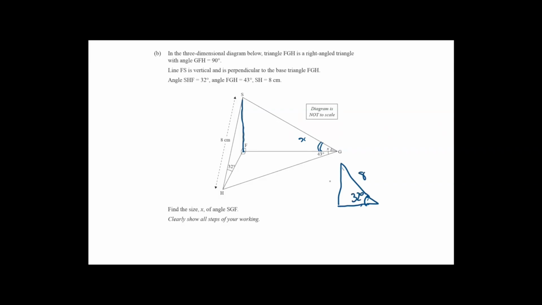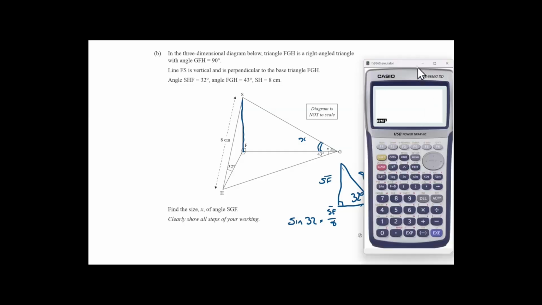If we want to find this side here, which is SF, what are we going to use? Well, we're finding the opposite, so we're going to use sine. Sine of 32 is going to be equal to SF over 8. Remember, opposite over hypotenuse, so therefore SF is going to be equal to 8 times sine of 32.